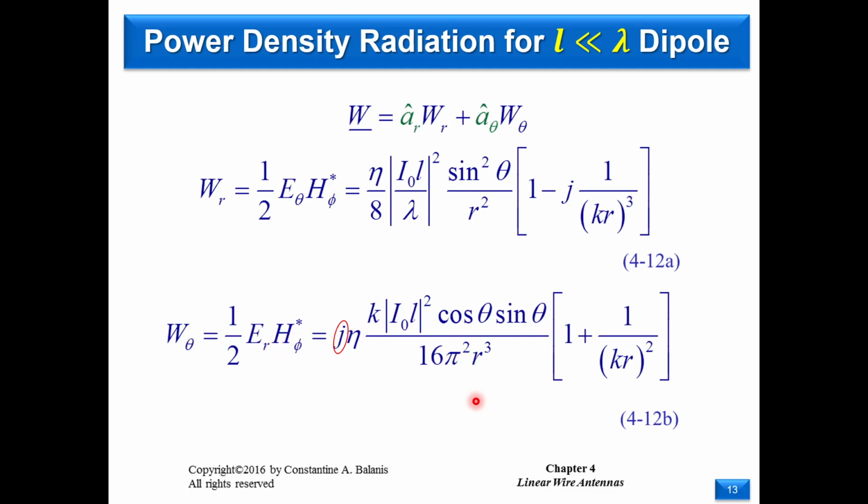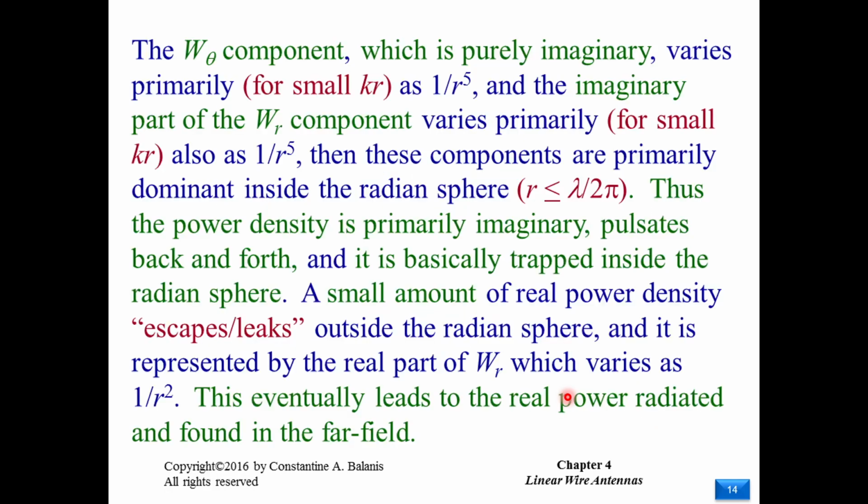It is just stored and changing from one form to the other over time, but it doesn't propagate or radiate. So here it's just a qualitative description of the behavior of the power.